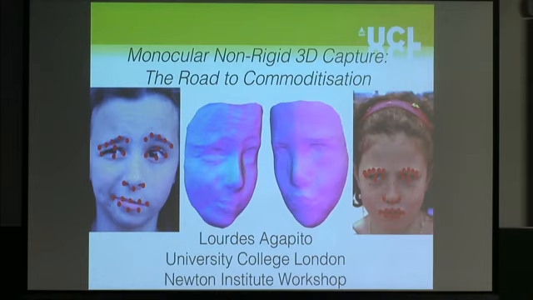And I want to take you through what the challenges are, what the shortcuts that we've taken so far have been, and ideas on how we can acquire these very dense and very detailed 3D shapes directly from monocular sequences or just from single images.